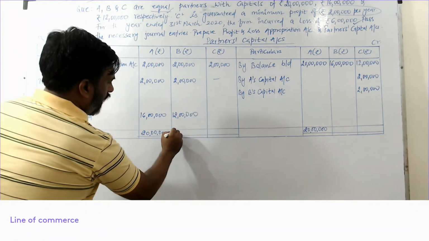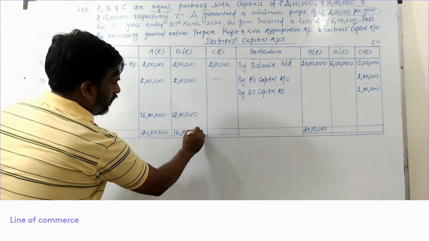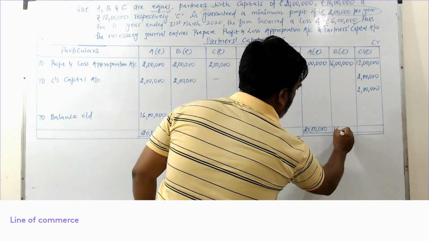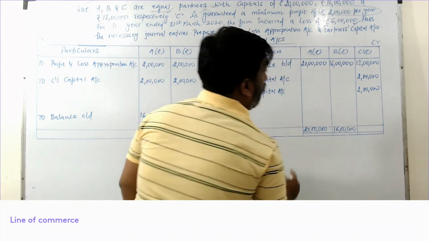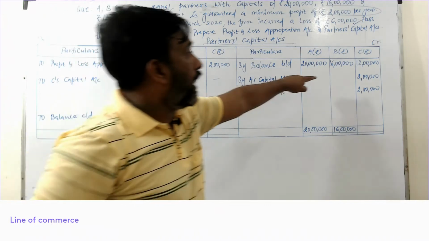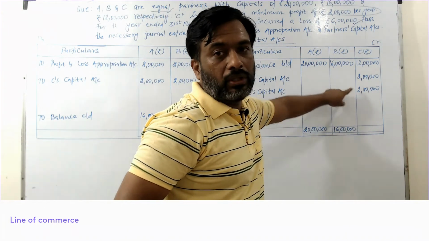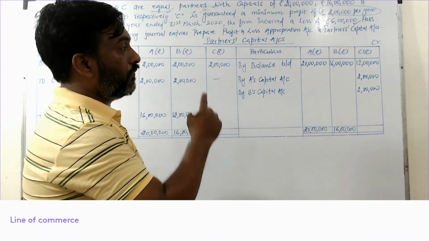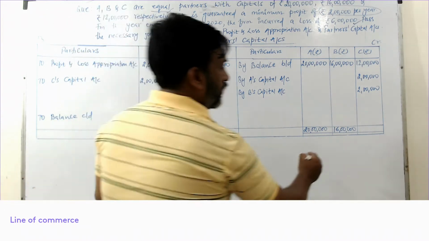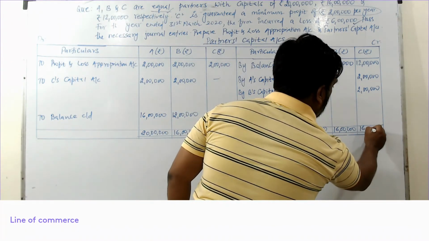You can write the total here also. Now for C, 12 lakh plus this 4 lakh. 12 lakh plus 4 lakh will be 16 lakh. So total will be 16 lakh.